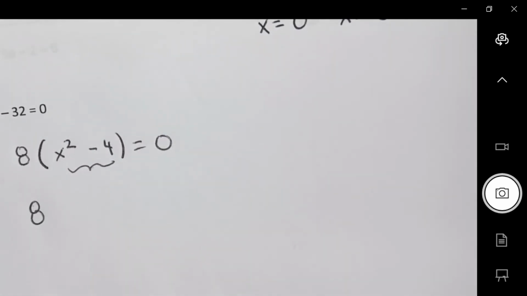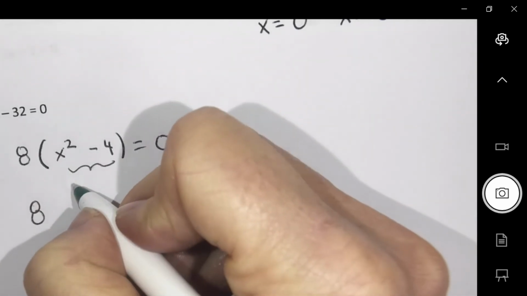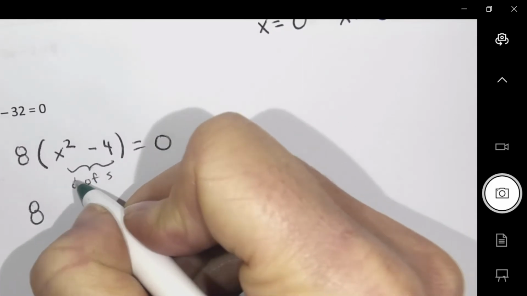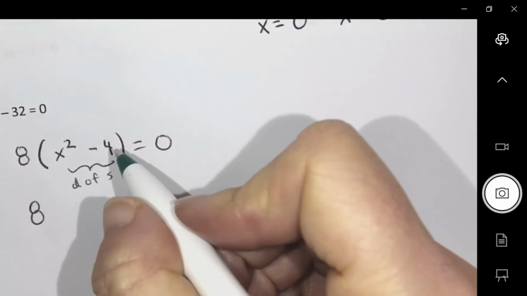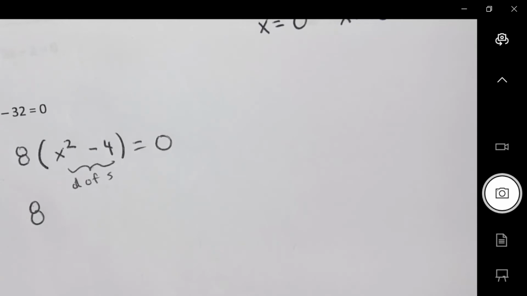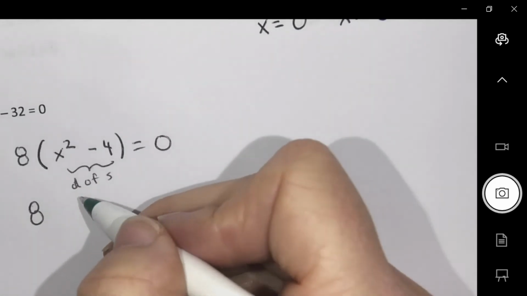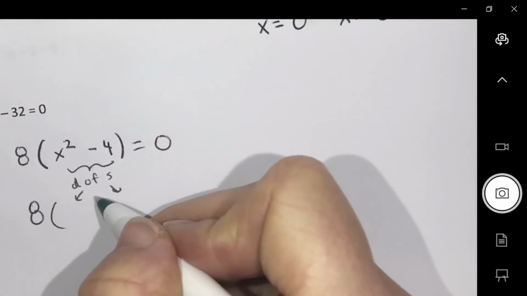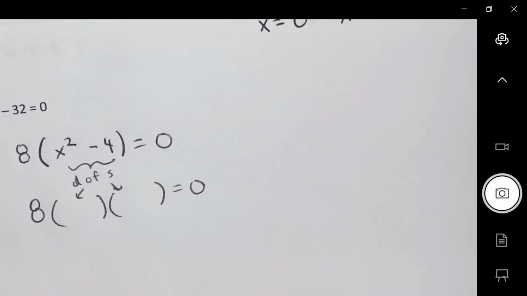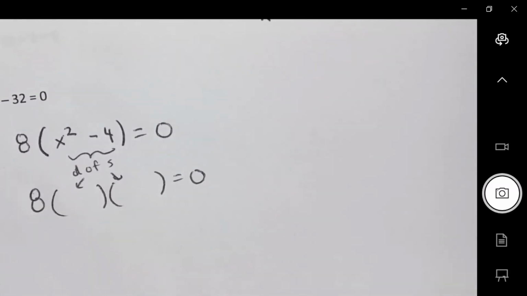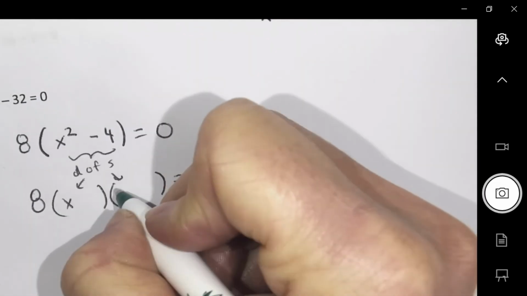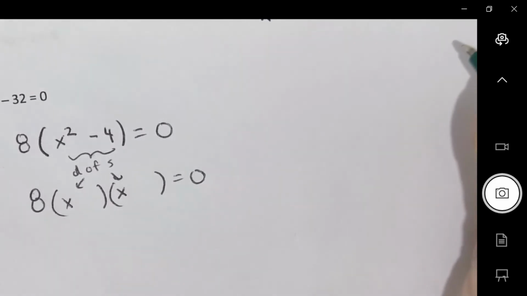What, grade 10, can I do with that? That is a difference of squares. You learned it in grade 10. So for a difference of squares, you make 2 brackets. The first times the first makes x squared.